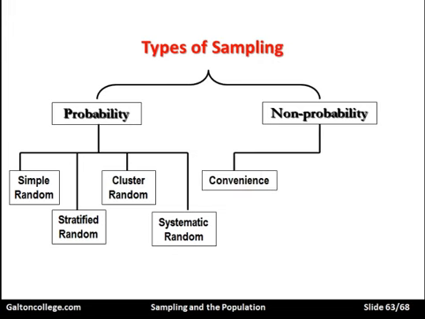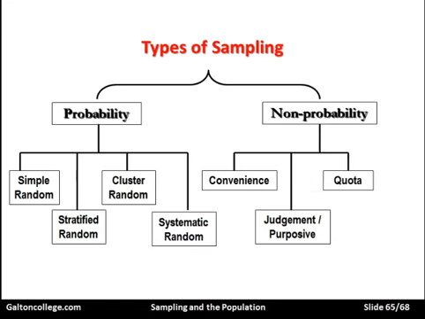And for non-probability we have convenience, as I said earlier, just a very cheap way of picking the sample, but very biased. Judgment, when the researcher uses his or her judgment to try and cut down the cost of the research activity, but at the same time get some information that may be relevant. Again, the possibility of bias is there.